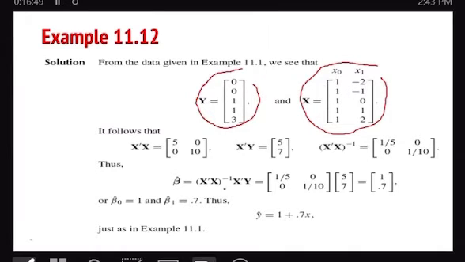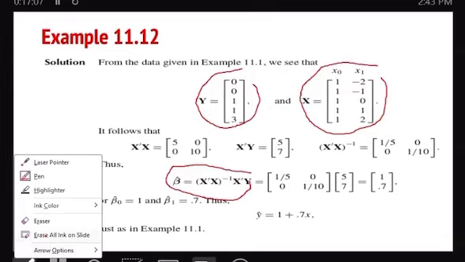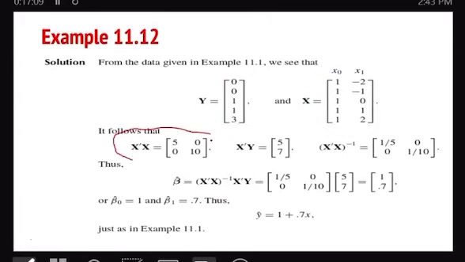Now, because you want to use that formula, you need to first get the transpose of X, and after getting the transpose of X, you're going to multiply the transpose of X by X. When you multiply the transpose of X by X, that will give you this. And after that, you need the inverse.